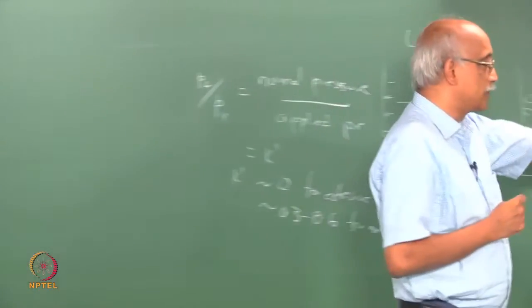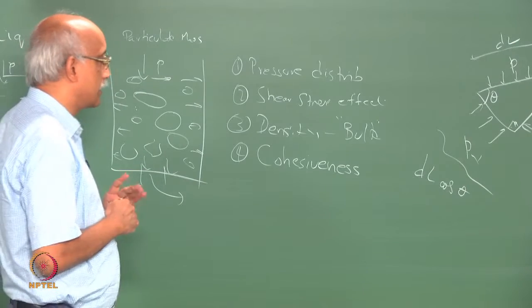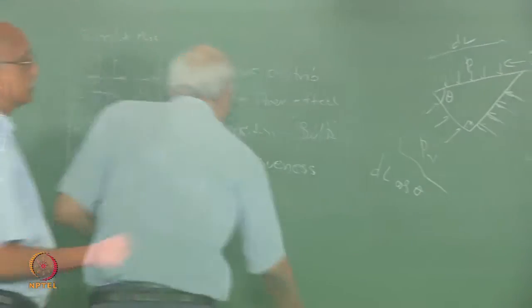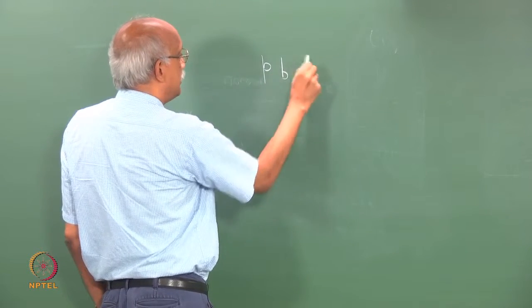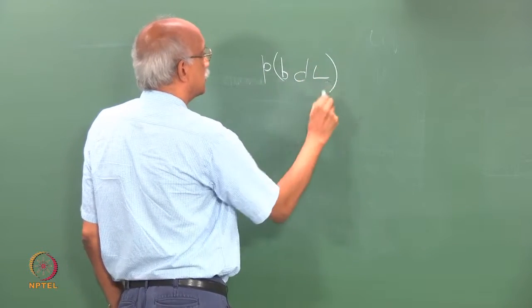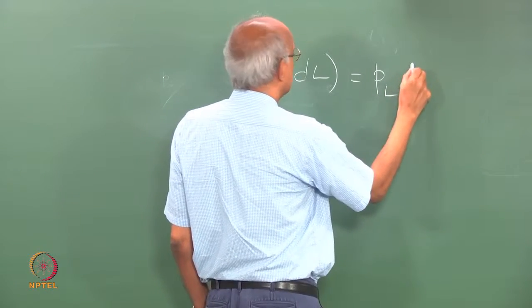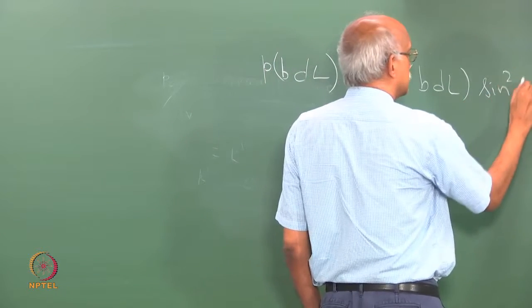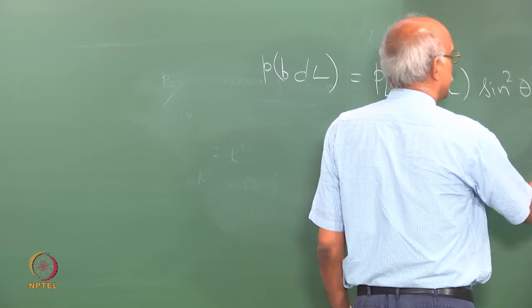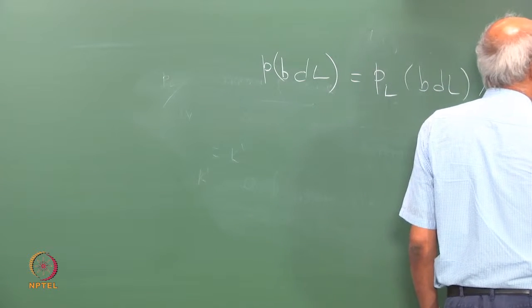So, we can do the force balance in the normal direction and the horizontal direction, and when you do that you will come up with P times B dl equals PL times B dl times sin squared theta plus PV times B dl times cos squared theta.